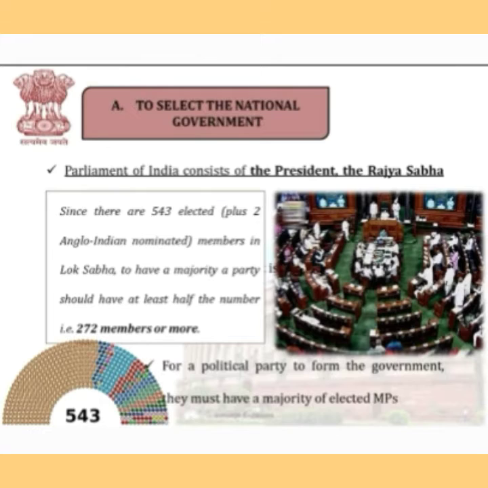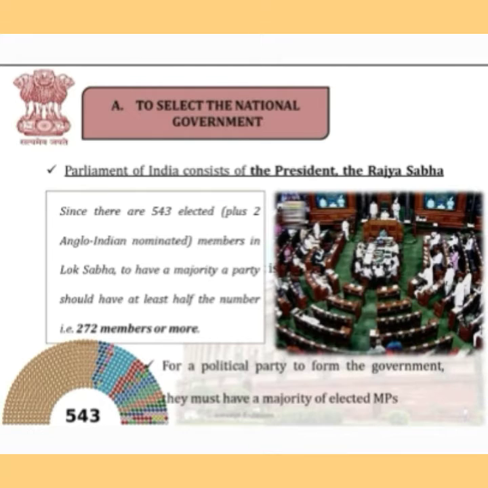Since there are 543 elected members in the Lok Sabha, including the Anglo-Indian nominated members, to have a majority and become the ruling party, a party should have at least half the number. What is the exact half? Nearly 272 members. So at least 272 members should win from one political party. Then only that party will become the ruling party.